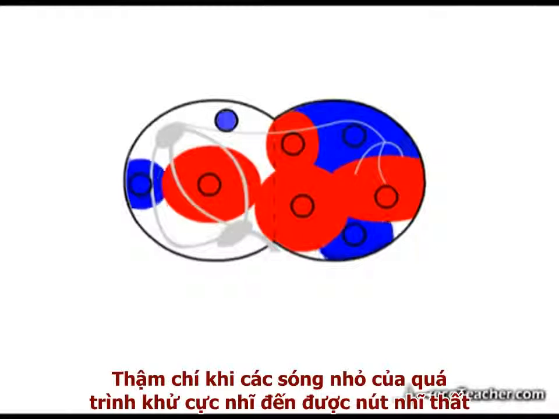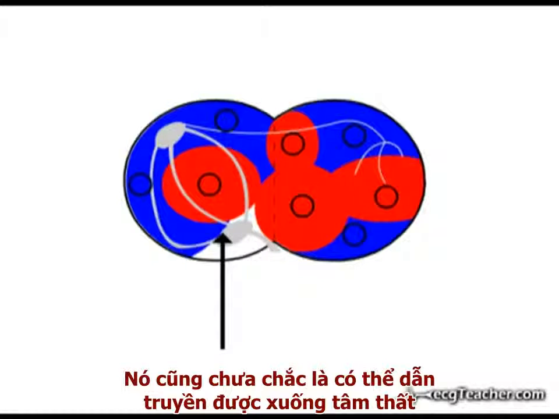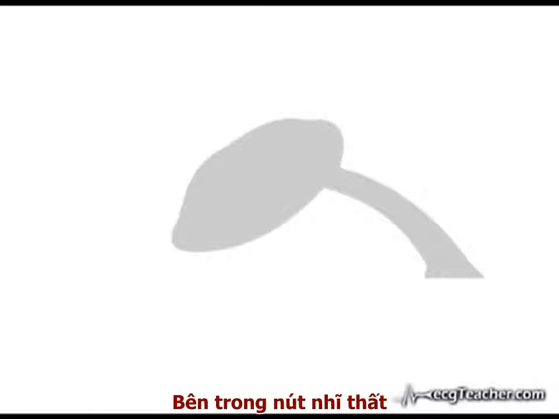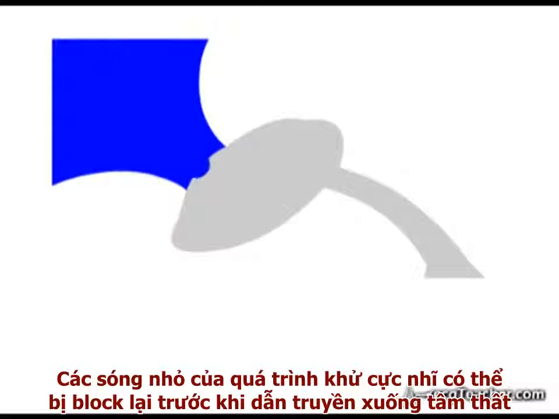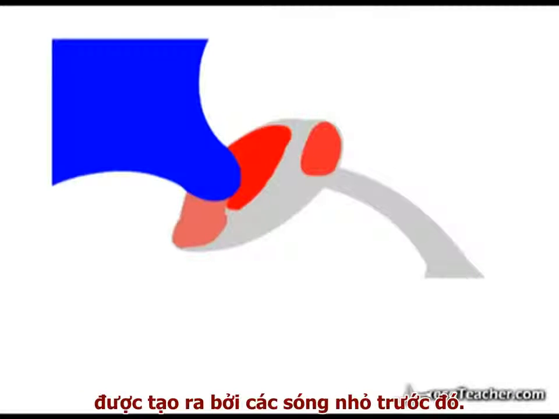Even if a depolarization wavelet reaches the AV node, it may or may not be transmitted into the ventricles depending on whether the node is permissive or refractory to transmission. Within the AV node, the depolarization wavelet may be blocked in its journey to the ventricles by intranodal refractory foci generated by previous wavelets.